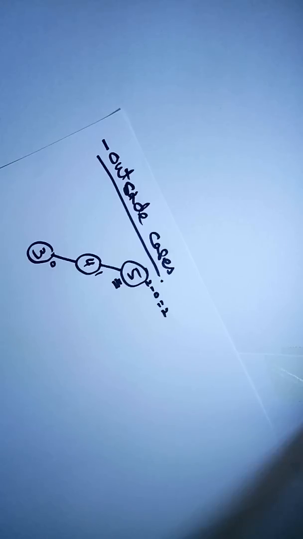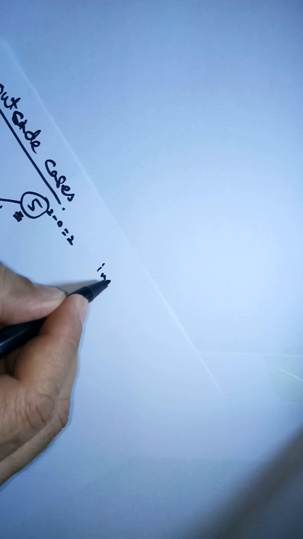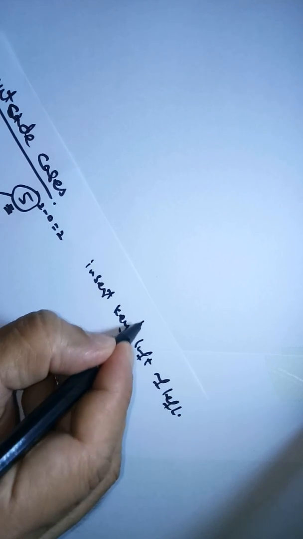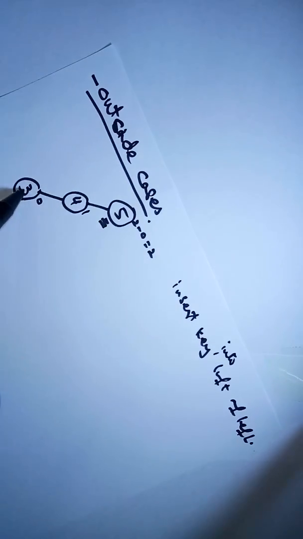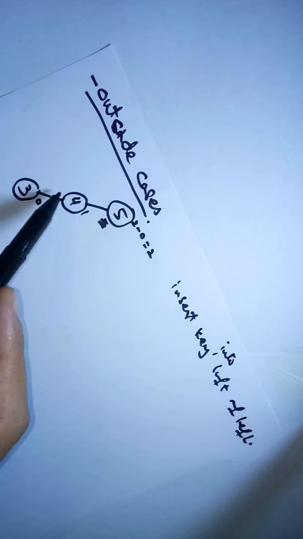What should we do? The first thing that we should note here is why this problem happens. This problem happens because we insert a key into the left of left. You can see we inserted a key value, that is 3, in the left of the left subtree.